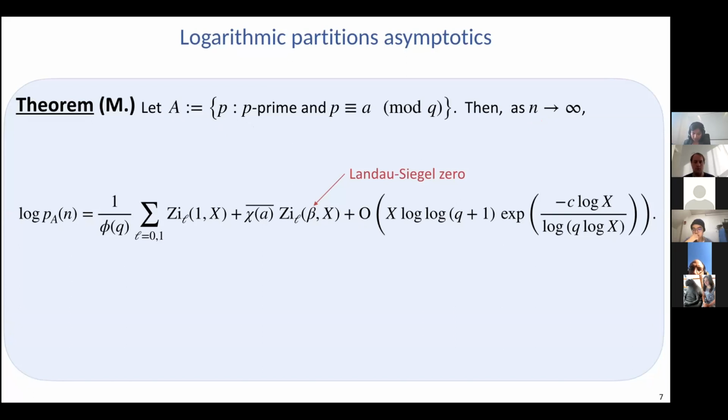So the main term here is 1 over phi of q. This is what was expected. We also expected here something of the type n over log n. But right now I have not given you n over log n, but something in terms of capital X. And this function xi is what I defined earlier.